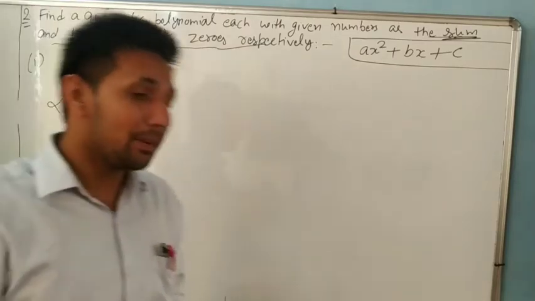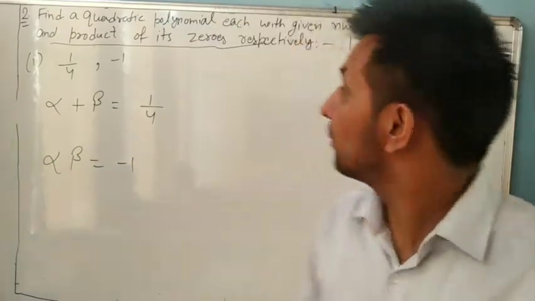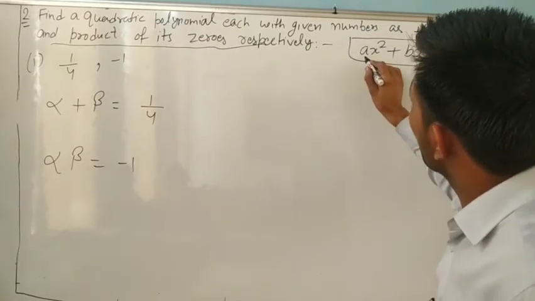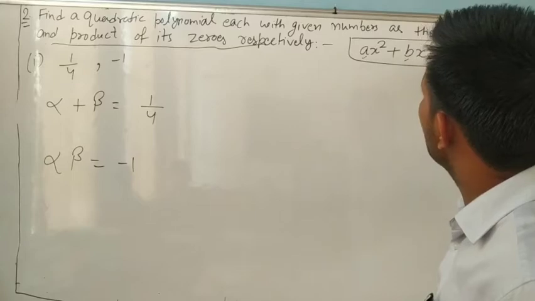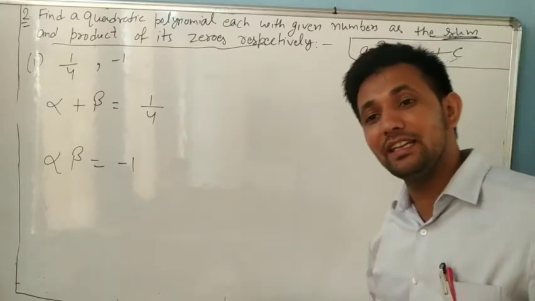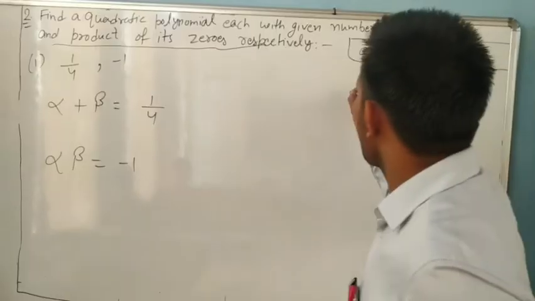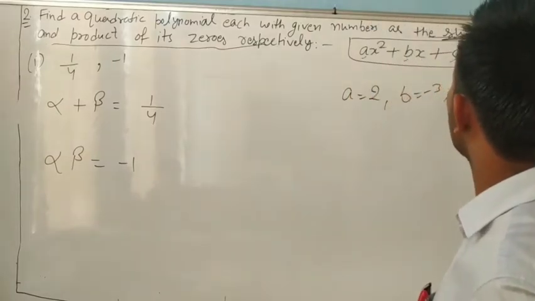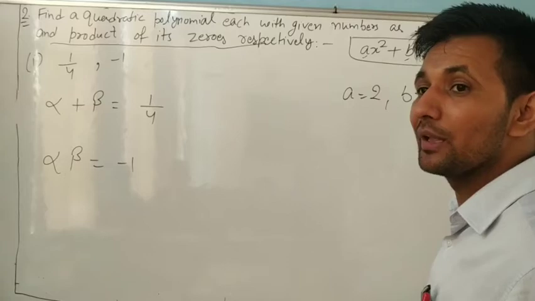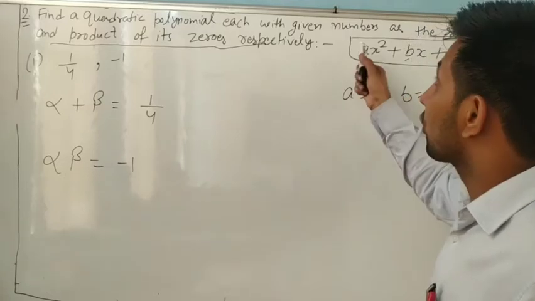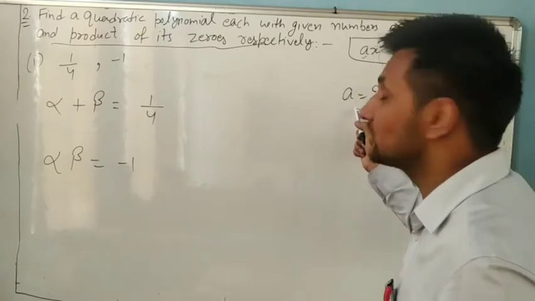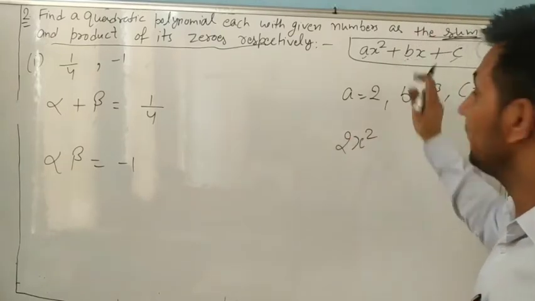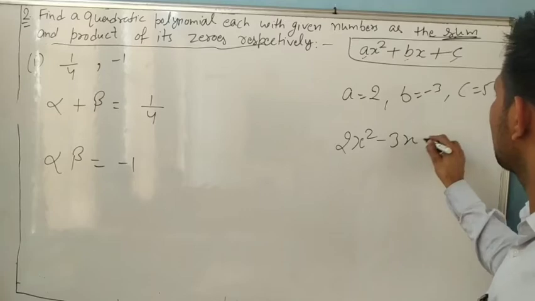But we want to make a quadratic polynomial. Everyone knows, if you know the value of A, B and C, you can write it easily. If I say A equals 2, B equals minus 3 and C equals 5, write a quadratic polynomial: the coefficient of x square is 2, so 2x square, in place of B, minus 3x, and plus 5.